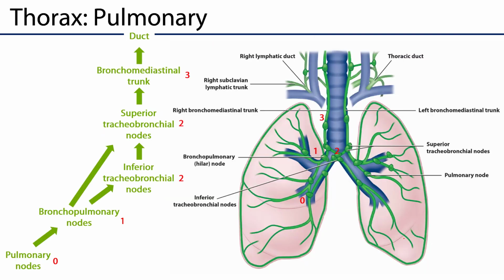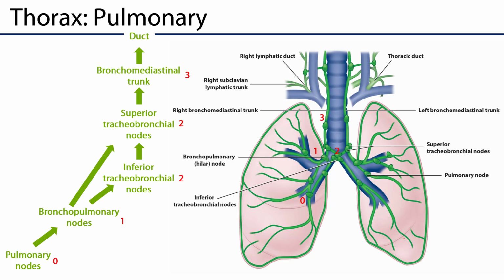Now, as we descend down into the thorax, we see that there are both opportunities for the return of lymph from the thoracic viscera as well as from the thoracic wall. And let's take a look at the return of lymph from the lungs.